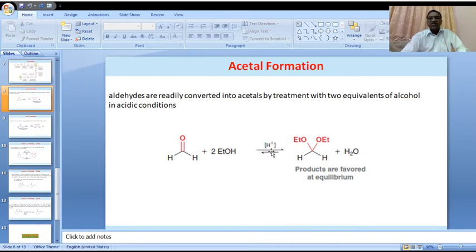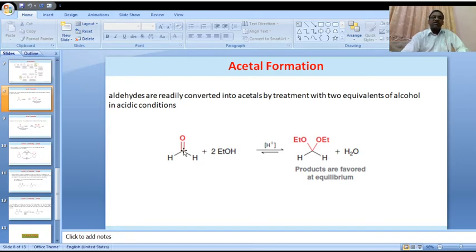Aldehydes are readily converted into acetals by treatment with two equivalents of alcohol in acidic condition. Here, under acidic condition, formaldehyde on reaction with ethanol will give acetals. Products are favored at equilibrium. In this equilibrium reaction, products are favored.